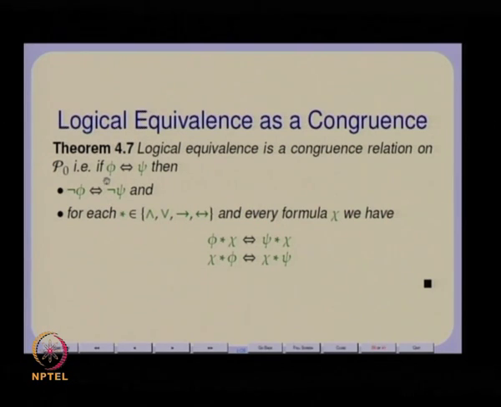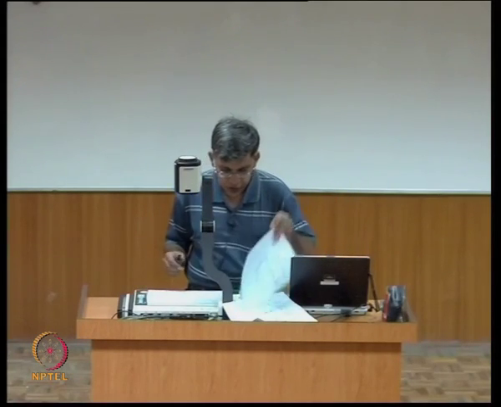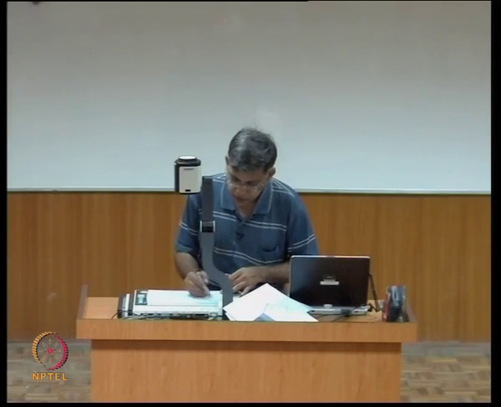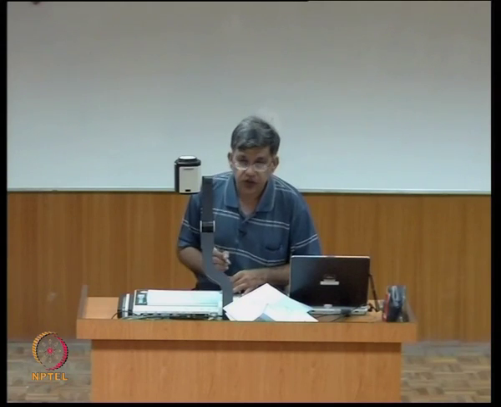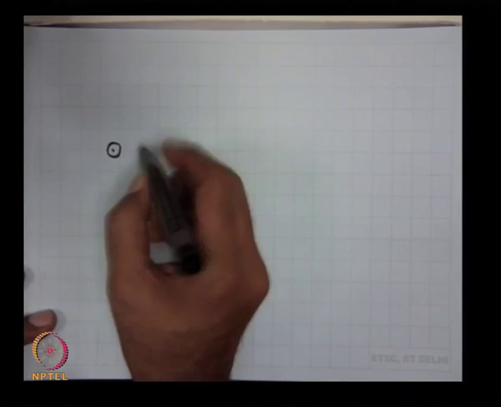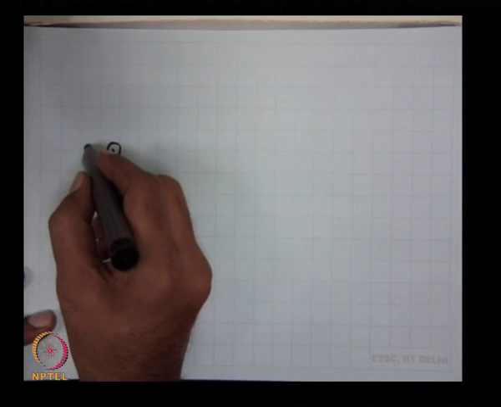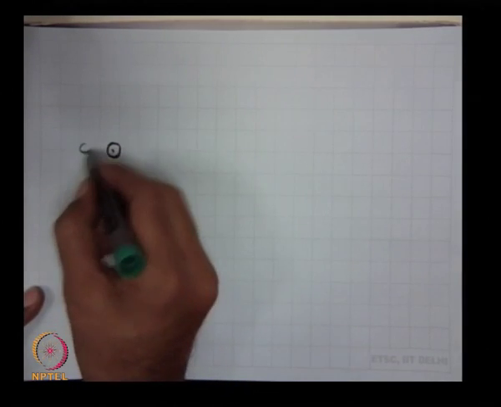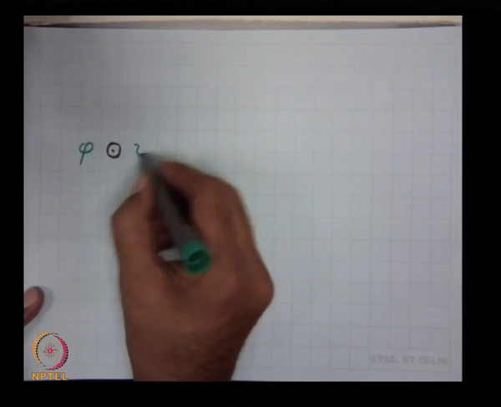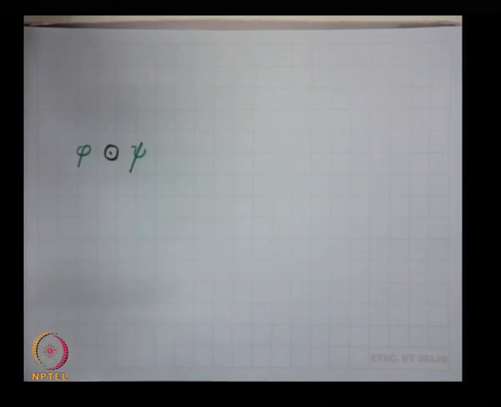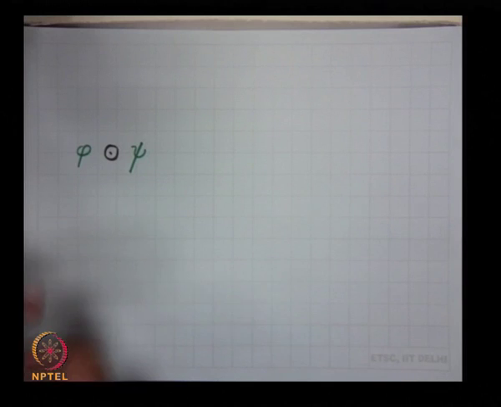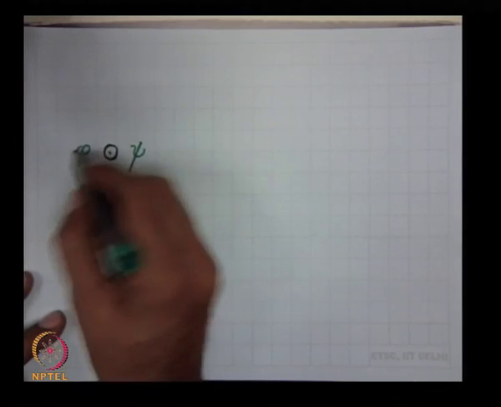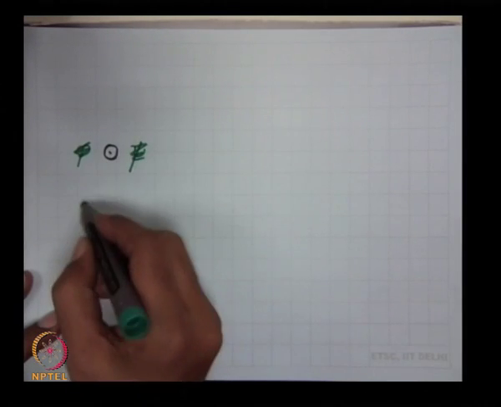So if I define a new operator, for example, called O dot, I shouldn't use phi and psi, maybe I should use some theta and chi, let's say.